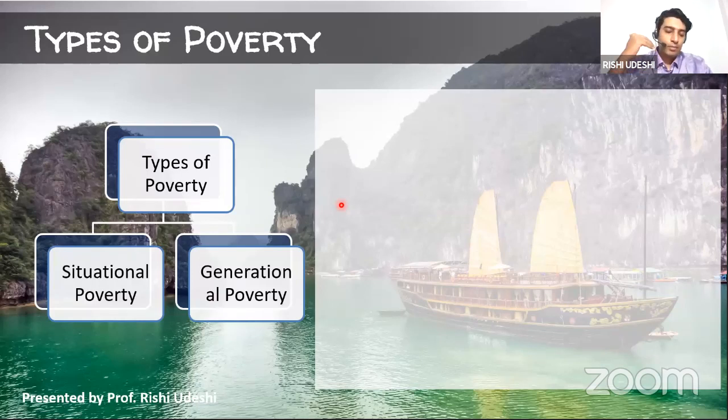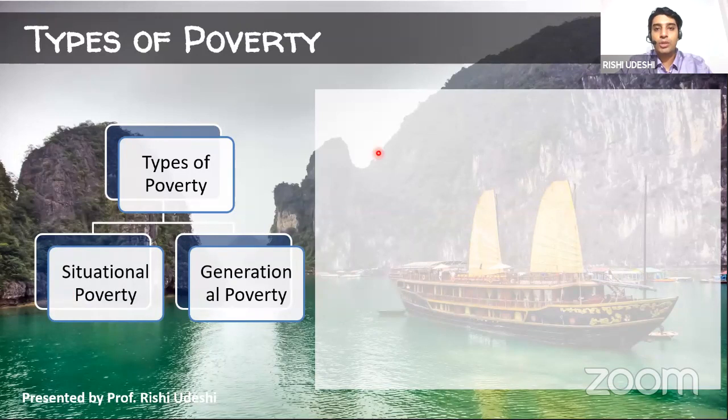If you see a family that until now was well to do, above the poverty line and able to meet its basic needs, but because of one particular reason, like untoward incidents, for example the floods which came in Assam, Bihar, the northeast region, Bangladesh, the farmers there, with not much irrigation facility and rainfed agriculture, see so many farmlands get submerged, and ultimately the farmers feel the financial pain of that. So the farmer who was above the poverty line, because his entire field got flooded, is not able to survive for his family, and because of that particular situation he and his family have entered into poverty. That is the situation we call situational poverty.